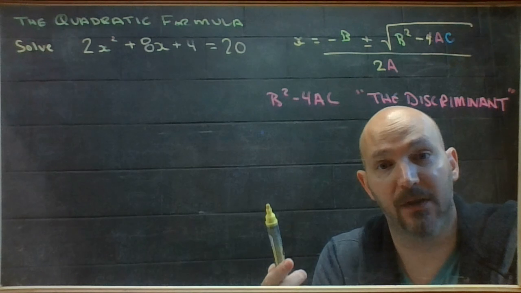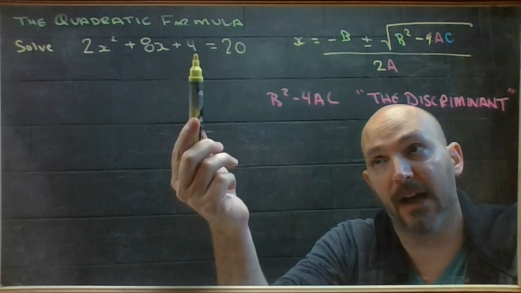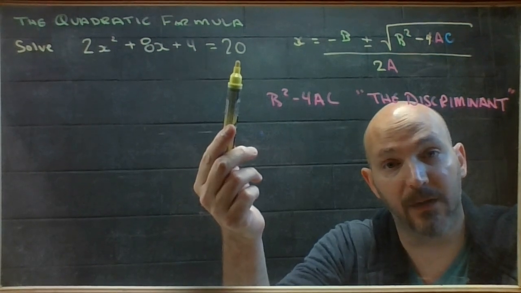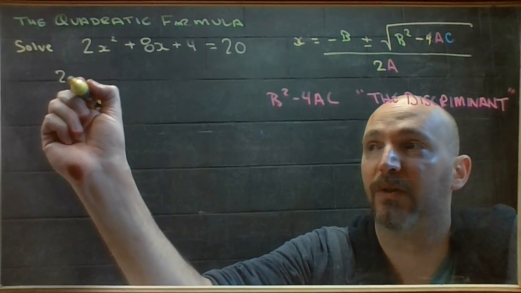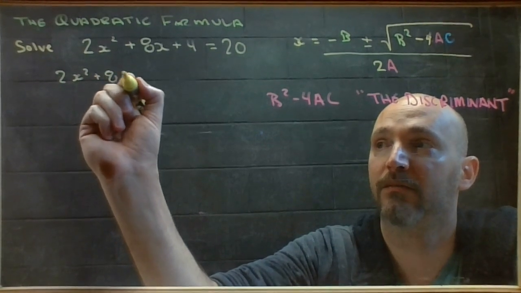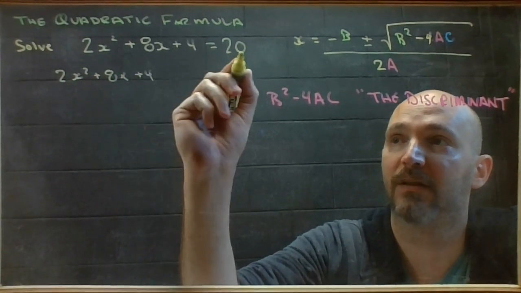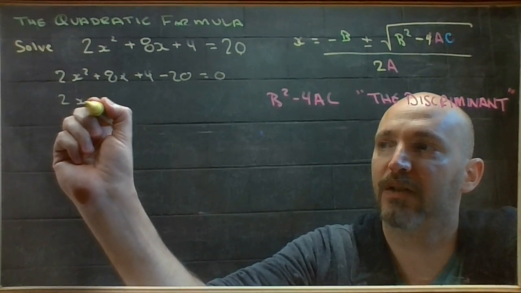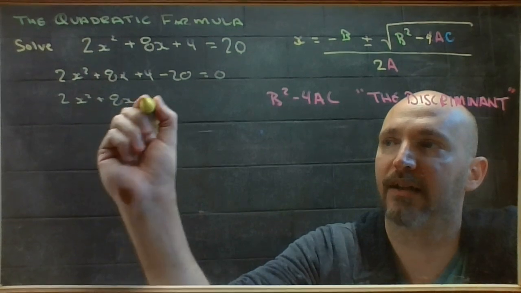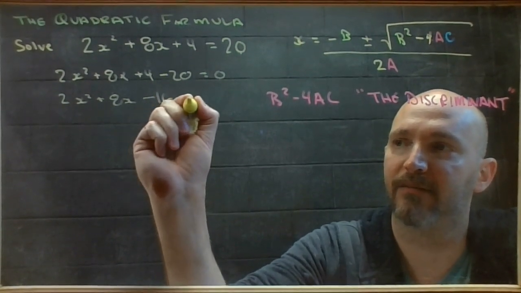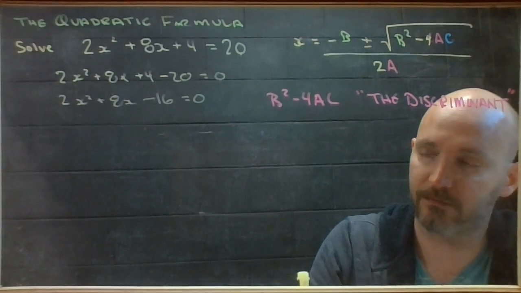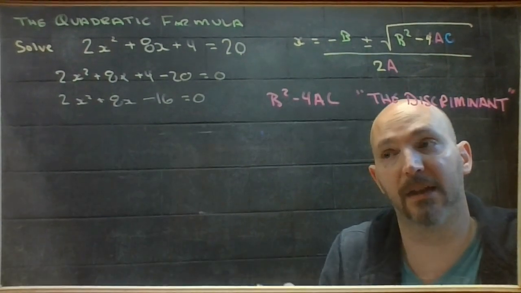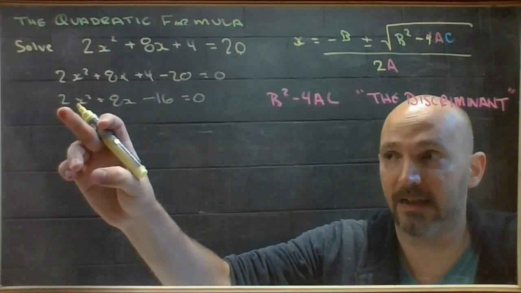So I'm just going to do some gathering of like terms. I have a number here with no letters attached, and I have a number here with no letters attached. So pull it over. Subtract 20 from both sides. Gives me 2x squared plus 8x minus 16.